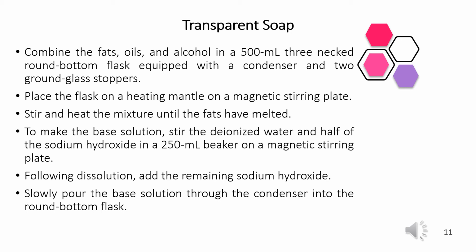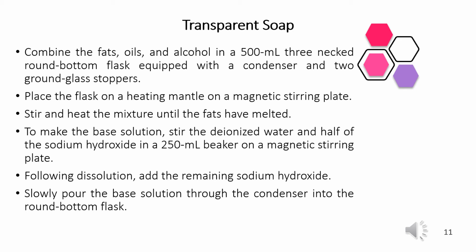For making the base solution, we will stir the deionized water and half of the sodium hydroxide in a 250 ml beaker placed on a magnetic stirring plate. By using this method, the base solution is prepared.